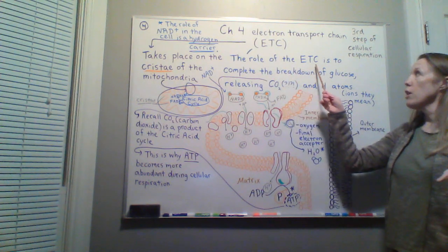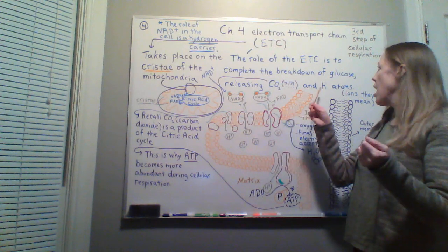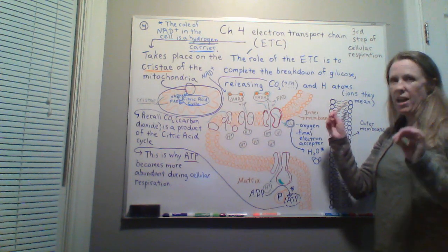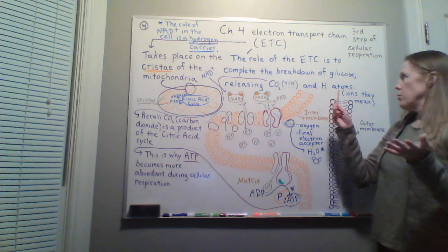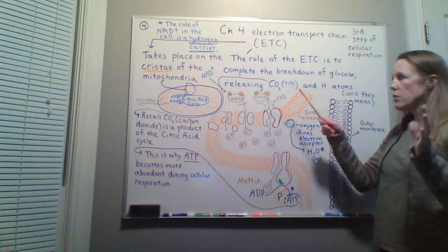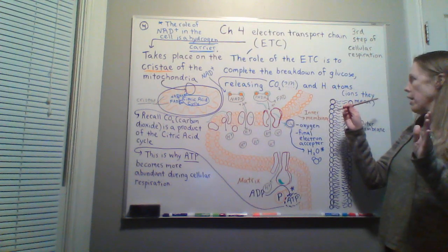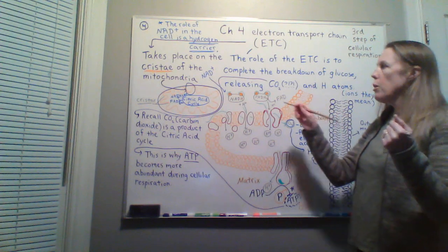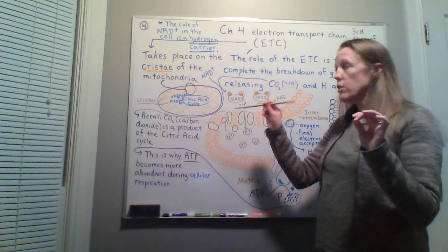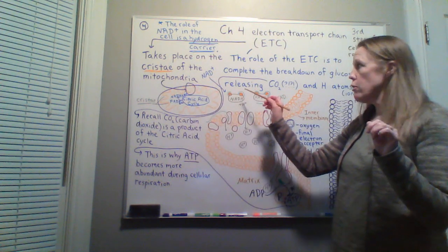The role of the electron transport chain is to complete the breakdown of glucose, releasing carbon dioxide and H atoms, which I think they meant as hydrogen ions, a hydrogen atom without its electron. It does keep the electron at some point, so it's a little tricky there. So we'll just learn hydrogen atoms, and then we will take those hydrogen ions and the electrons and carry them to the cristae of the mitochondria for the electron transport chain.